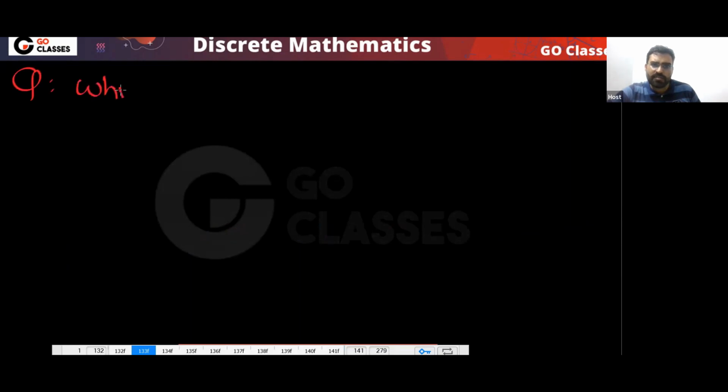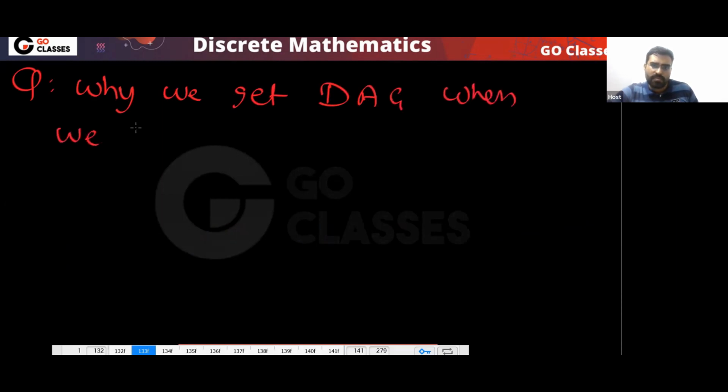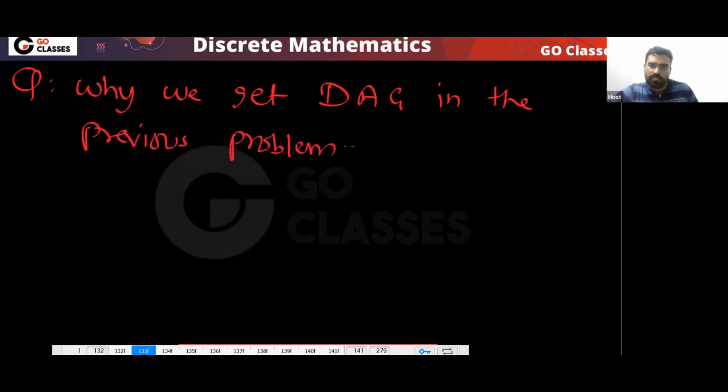Why do we get a directed acyclic graph when we shrink, in the previous problems?